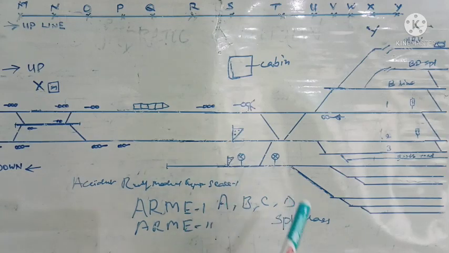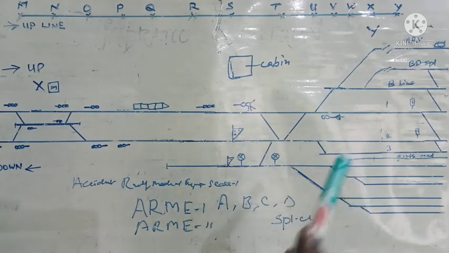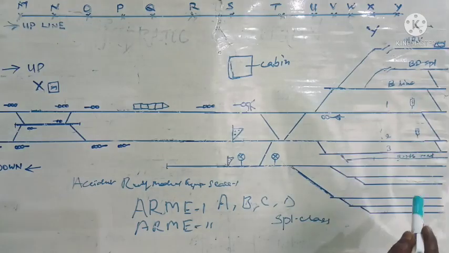Those equipment will be in the station in a separate room. A separate room will be there in which this ARME scale 2 equipment will be kept, and the keys of this ARME 2 will be with the station master and also with the DMO, that is the railway doctor.